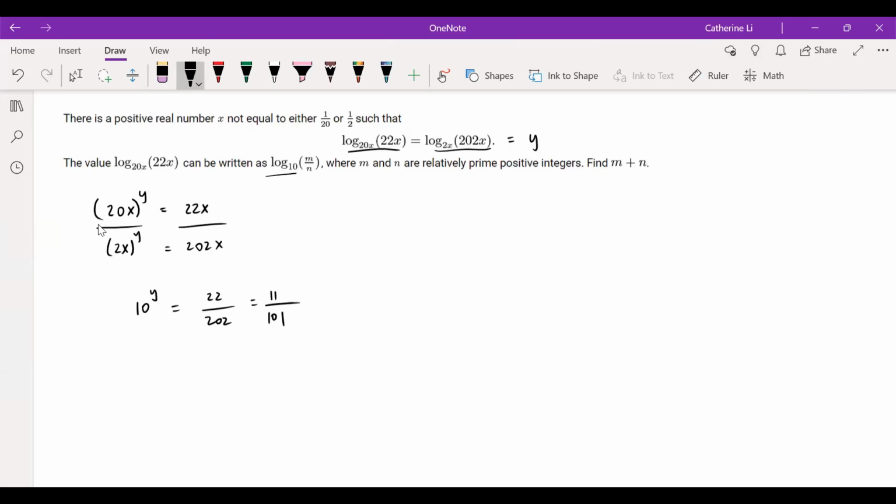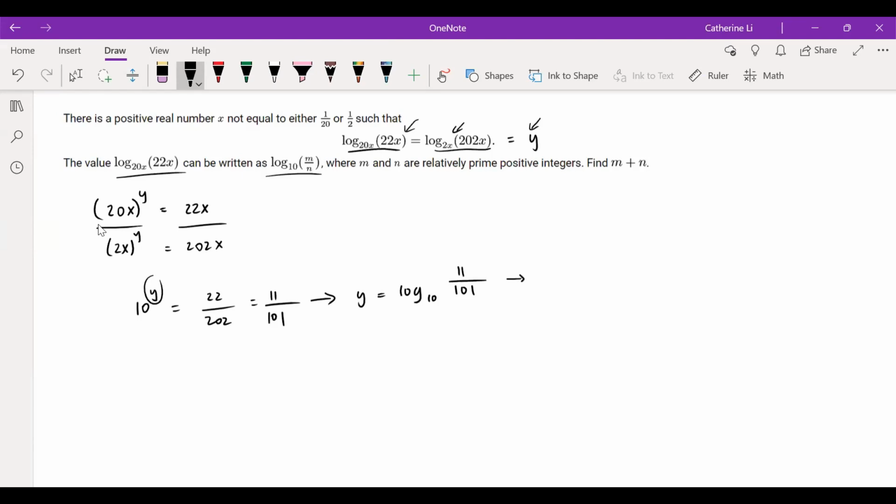And now we're pretty much done because we just wanted y, which is both of these expressions. So everything equals y, and then y is just going to be log base 10 of 11 over 101.